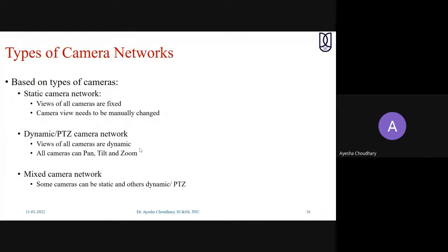So, types of cameras. We just saw that there are various types of cameras that exist. And I'm only talking about RGB cameras. There are also infrared cameras. There are also simple depth sensors. But when I am talking about types of cameras, I'm saying RGB at least, right? And then beyond RGB. So the type of camera network depends on the type of cameras that you use in your network.